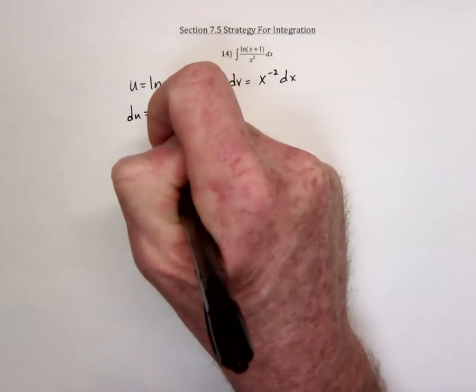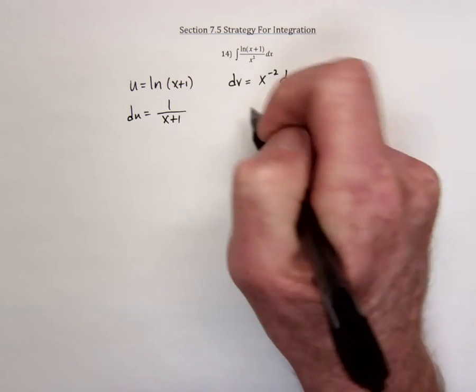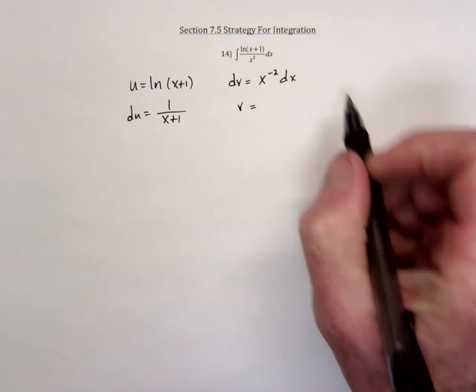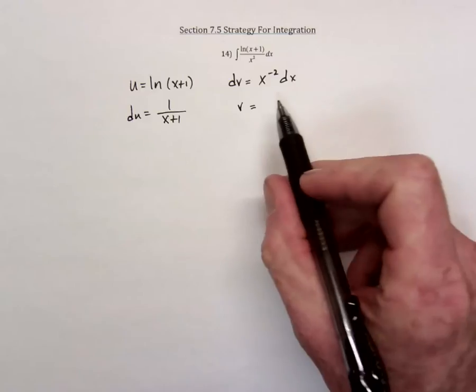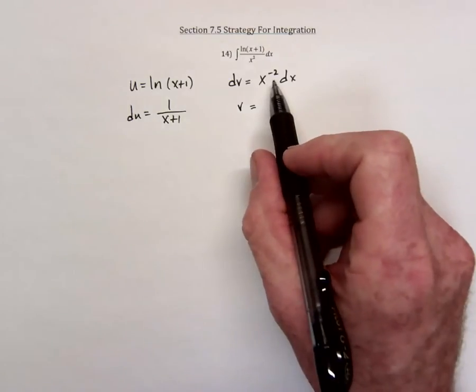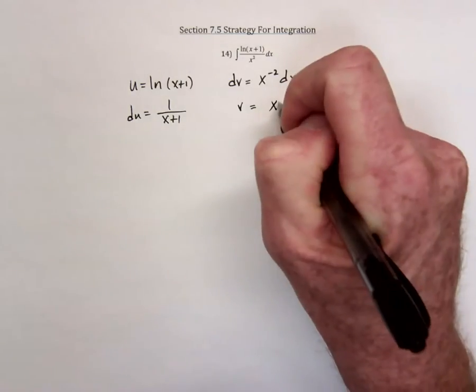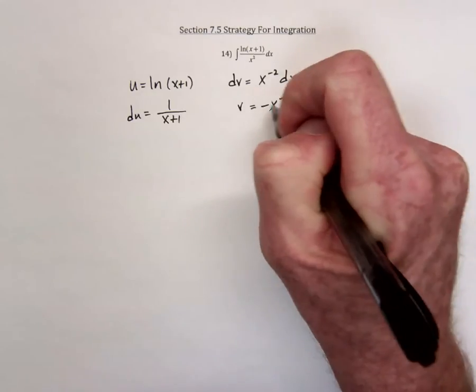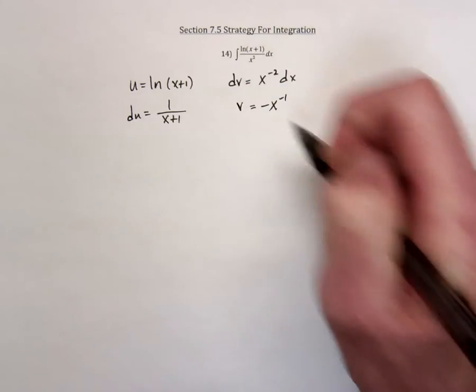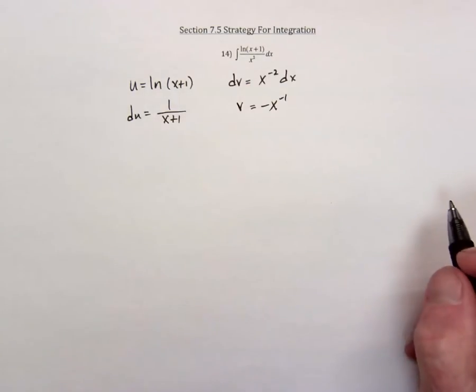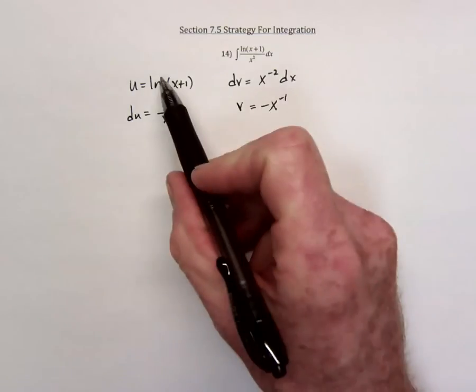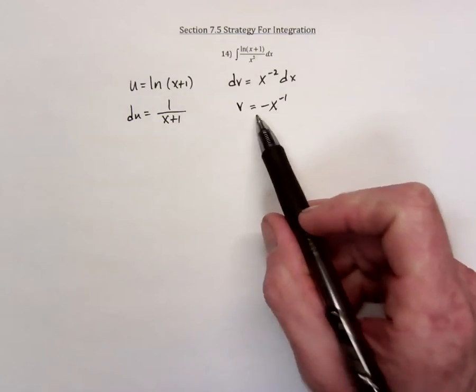and we'd have 1 over x plus 1. On this side we need to integrate, so add 1 to the exponent, it becomes x to the negative 1, and then divide by negative 1. So for integration by parts we multiply u times v.